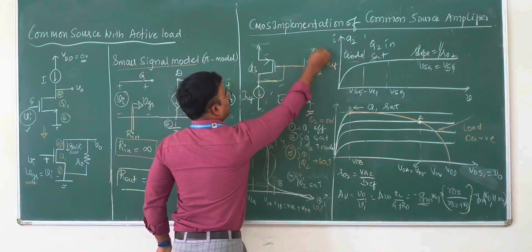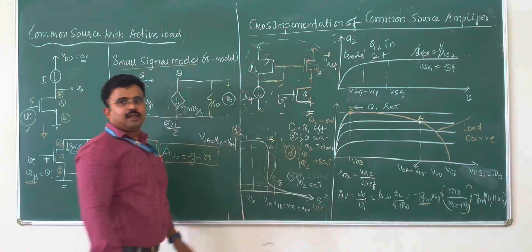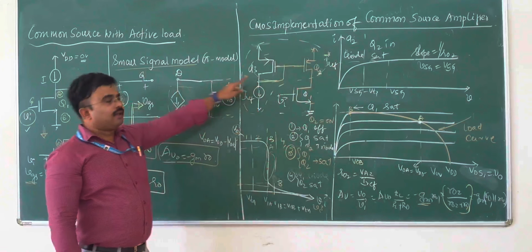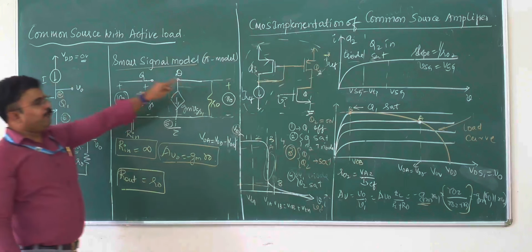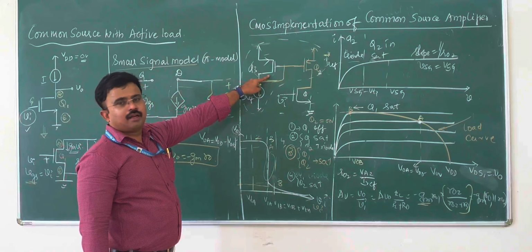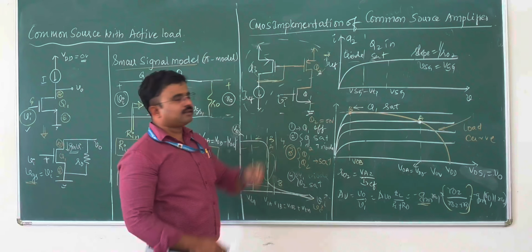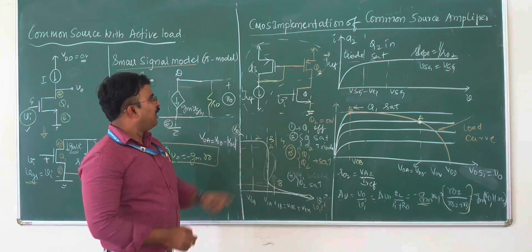The complete arrangement, whatever is written in the dotted line, is a current mirror. I repeat, the current source I is being implemented using a current mirror, with Q3 and Q2 transistors completely matched.